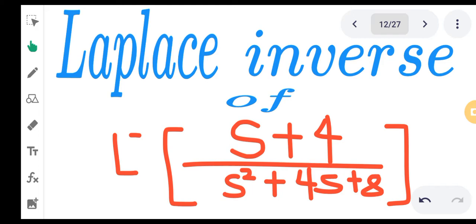Okay, so you should find the Laplace inverse of this function, s plus 4 over s squared plus 4s plus 8. When you find the factors of s squared plus 4s plus 8, you realize you are going to get a complex root. Okay, so we do it alternatively.